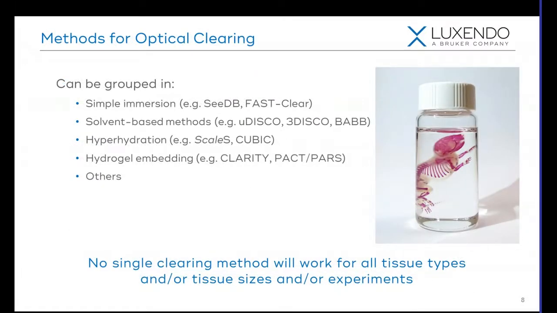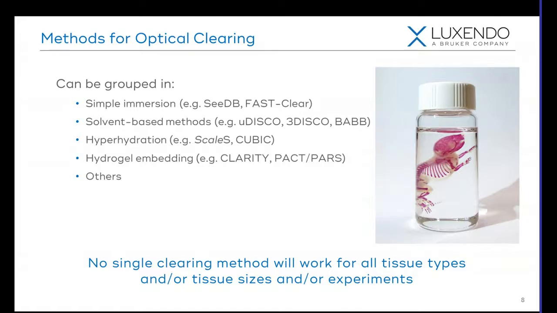Now, as you might imagine, given the vast number of samples, there are also a plethora of different optical clearing methods out there. As a rough pass, we can group these into 4 or 5 different groups. Simple immersion methods such as CDB and fast clear, which are essentially refractive index matching. We're not doing too much lipid removal there.